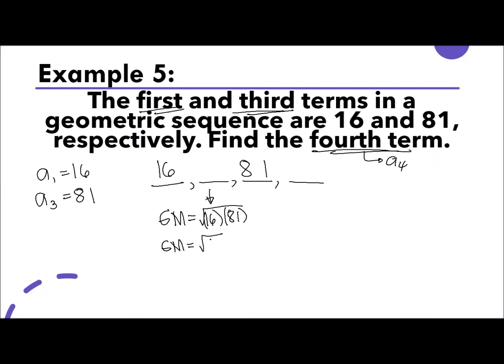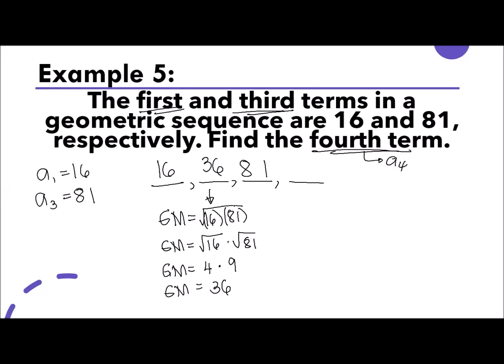So, we will have the square root of 16 times the square root of 81. So, what's the square root of 16? Again, so that is 4. And then, we will have here the square root of 81. So, which is 9. 4 times 9. So, that is 36. So, we will now have 36 here.